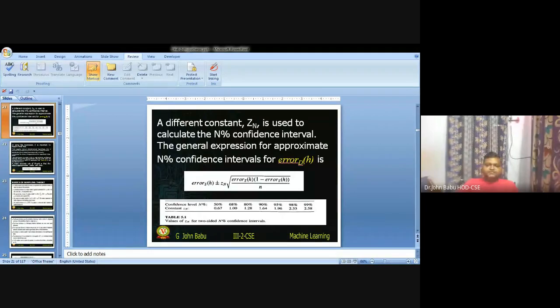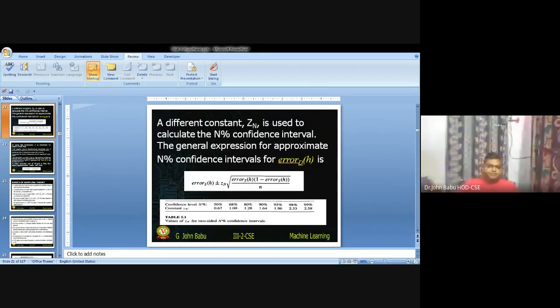If no data is given, we can take the distribution error as the sampling error. Both are the same if no data is given, and we can take it as p. So variance is equal to sigma r by n, that is square root of p into 1 minus p by n.